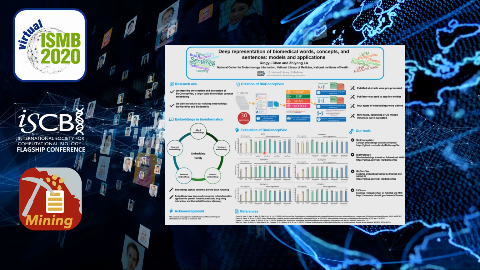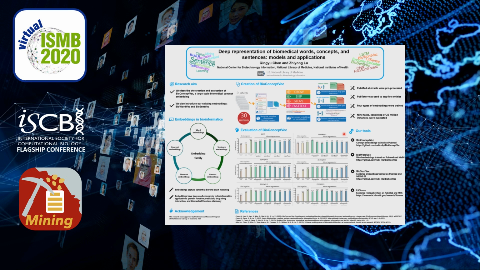The second part is where we try different hyperparameters. We do hyperparameter tuning to further improve the performance. Basically, the results on 9 datasets show that our BioConceptVec has better performance than existing embeddings. We also evaluate them on 2 downstream datasets.